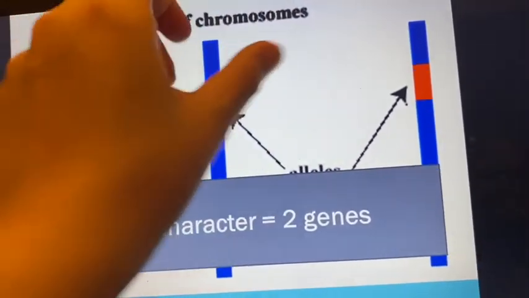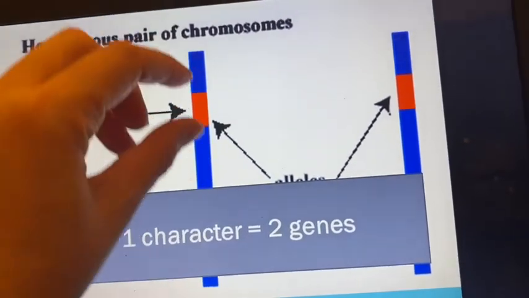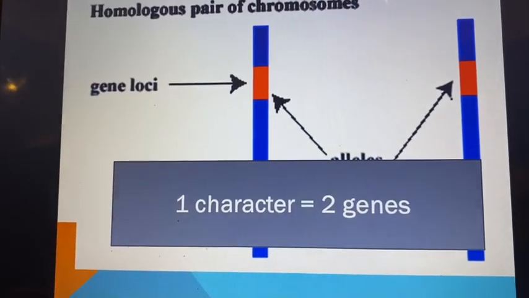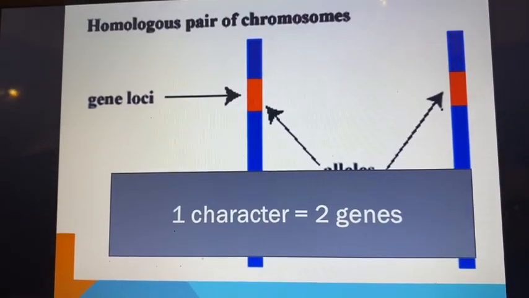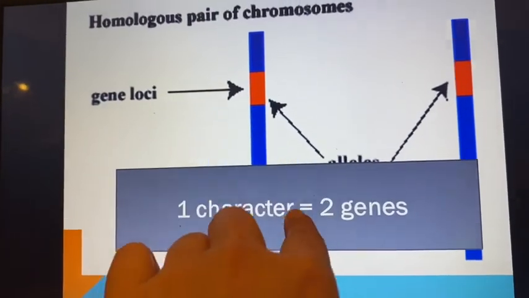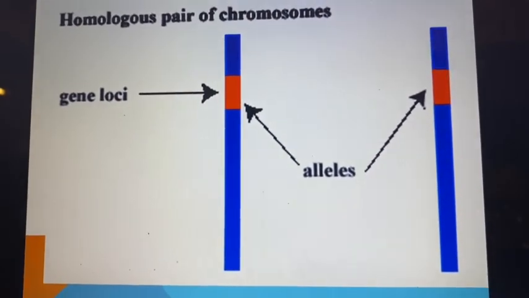So your chromosomes are made up from small genes. These genes control the characteristics in the body, and each one character in the body is controlled by 2 genes.